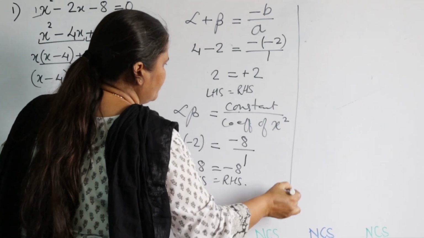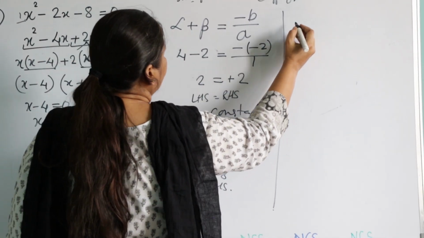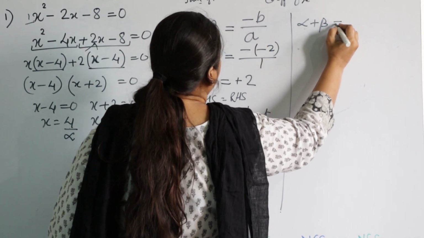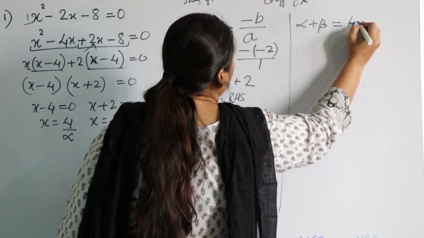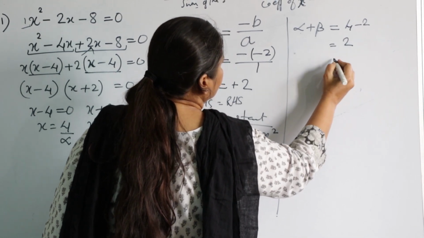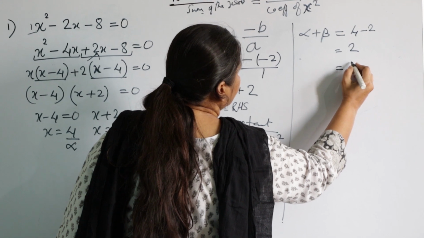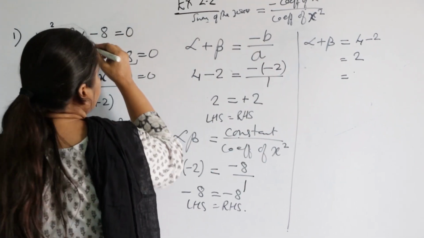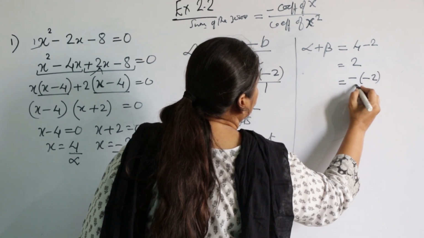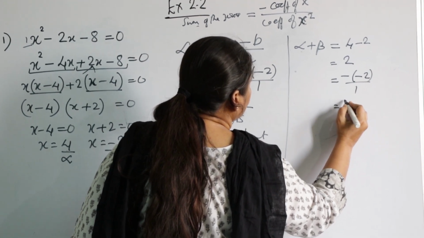Another way of doing it is, as we have already discussed, we just have to take alpha plus beta is equal to 4 minus 2, which is 2. Which is nothing but minus of minus 2 by 1.